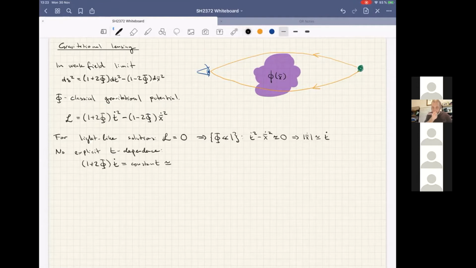And again, since phi is much smaller than 1, we can arbitrarily choose the constant to be 1. This means that t dot is essentially equal to 1, which is just a choice of the relationship between t and the affine parameter of the geodesic that we're going to look for. Essentially, we find that we can use the time as the affine parameter, at least to leading order.